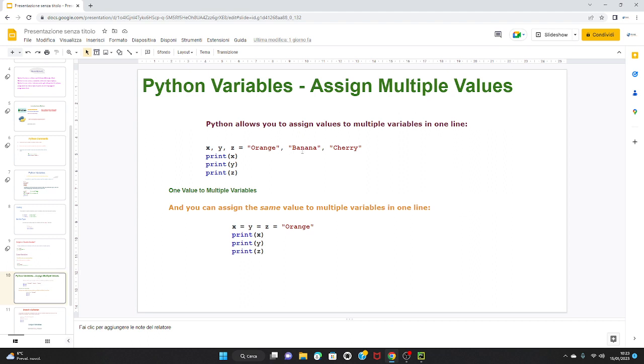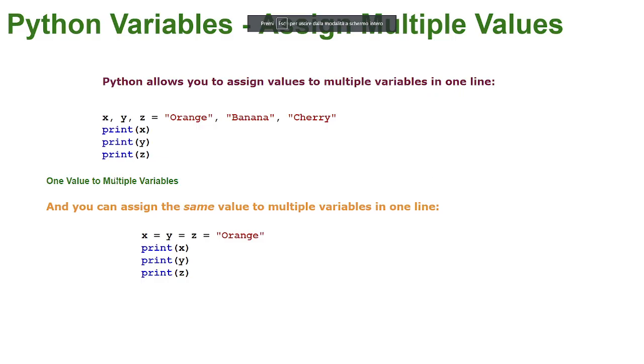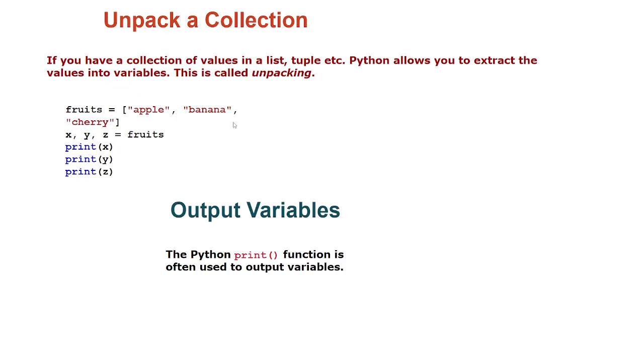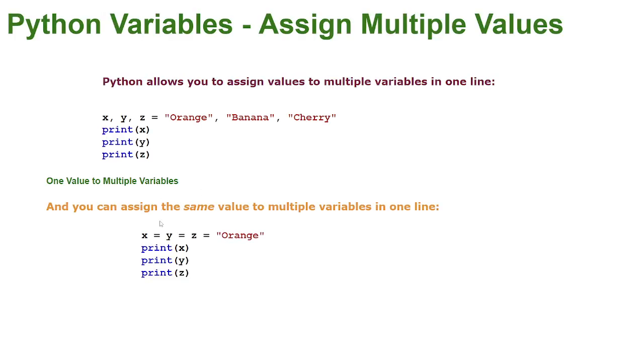Multiple assign. Python allows you to assign values to multiple variables in one line, like this: x, y, z equals orange, banana, mango.